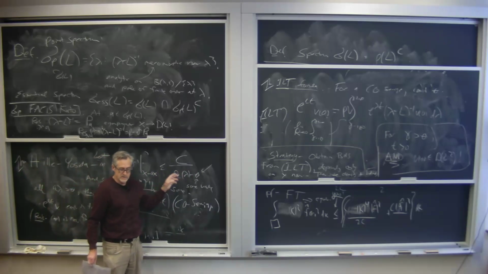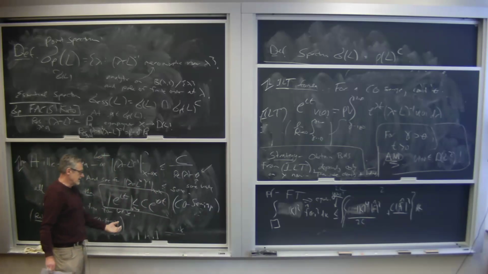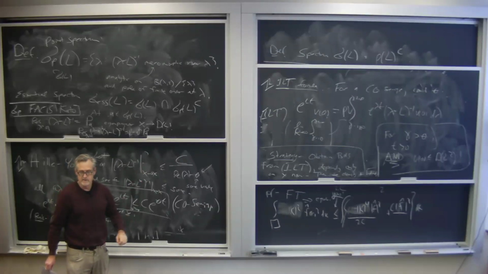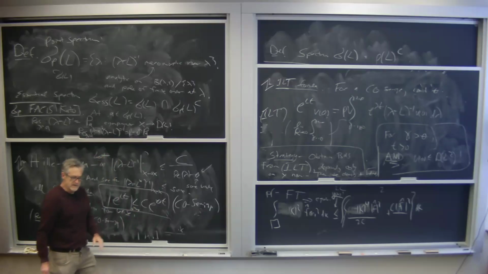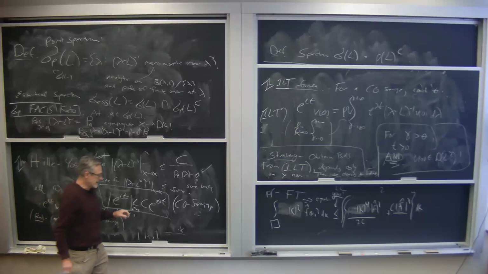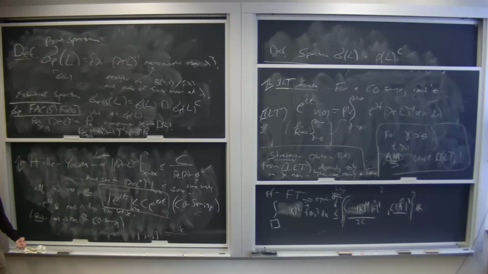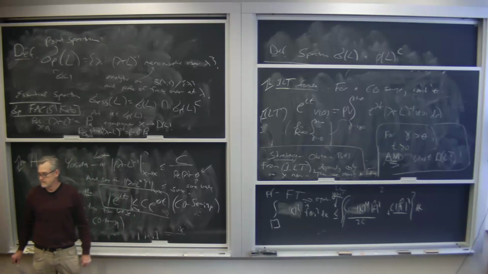Implicit in the existence of these bounds is that there is a resolvent set, and it's non-empty, so D of L to any power is dense. D of L squared is dense in X. So if I prove some estimate for things just in D of L, but the estimate is independent of the D of L norm, I can extend to all X by continuity and density. This is the continuity.